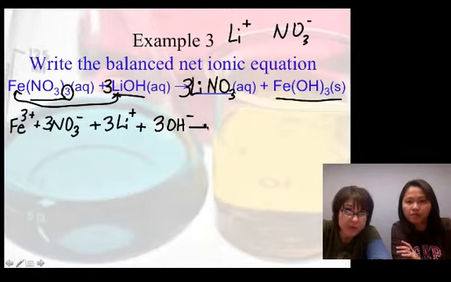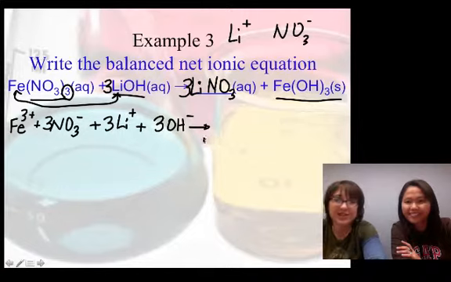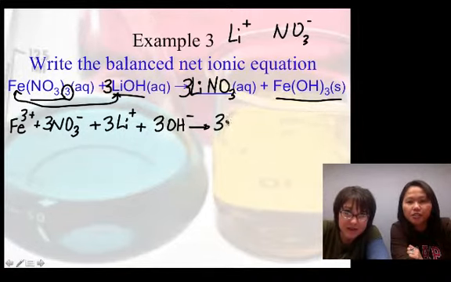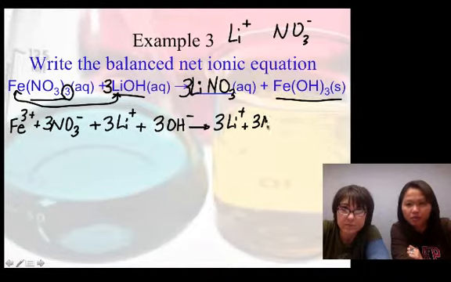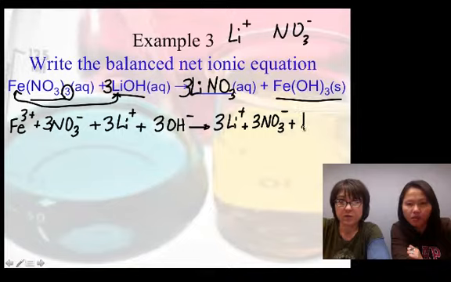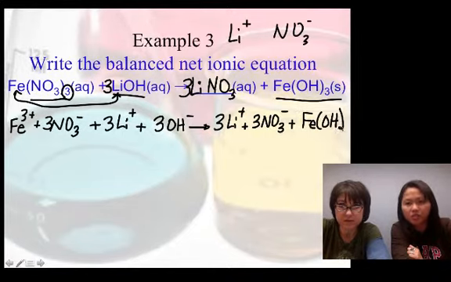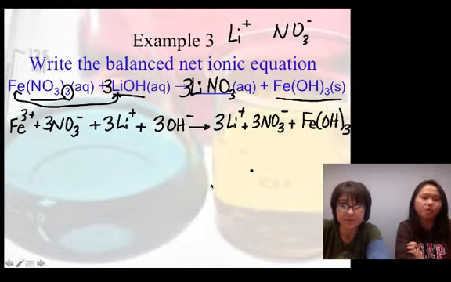I have to learn to write smaller in complete ionics. So 3 lithiums, and 3 nitrates, and 1 molecule of iron hydroxide, because it's a solid. Don't break them apart.